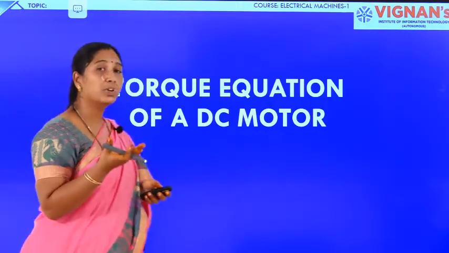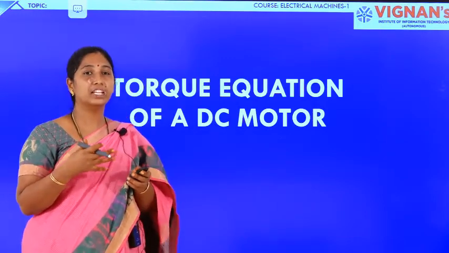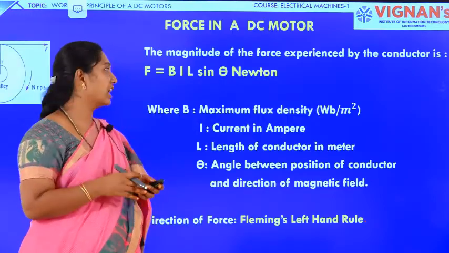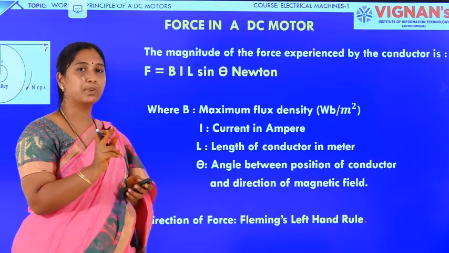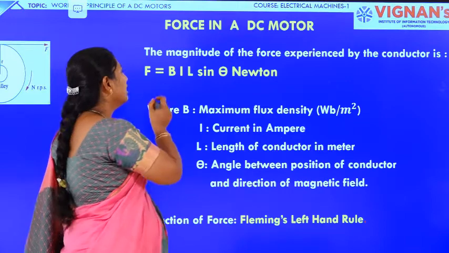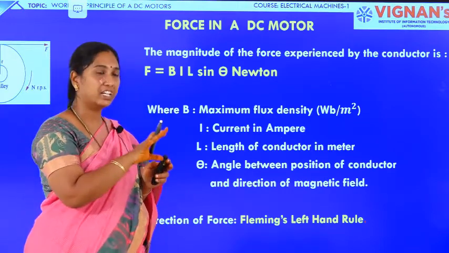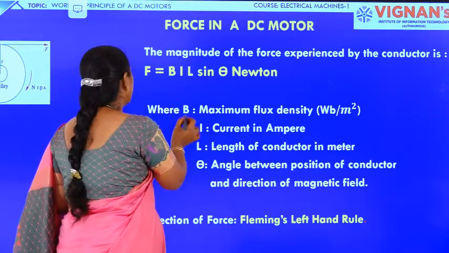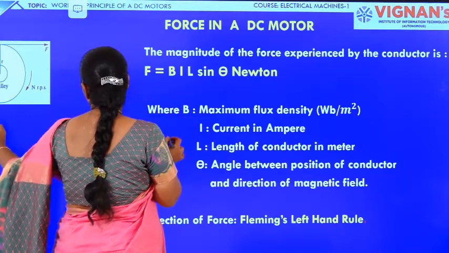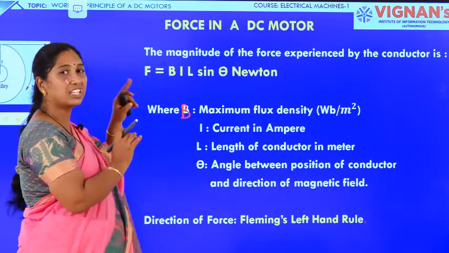Now, let us look at what is the expression of the torque which is developed in a DC motor. So, let us first start from the force that is experienced by one conductor in the DC motor. We know that whenever a current carrying conductor is placed in a magnetic field, given by the flux density B, then it experiences a force.